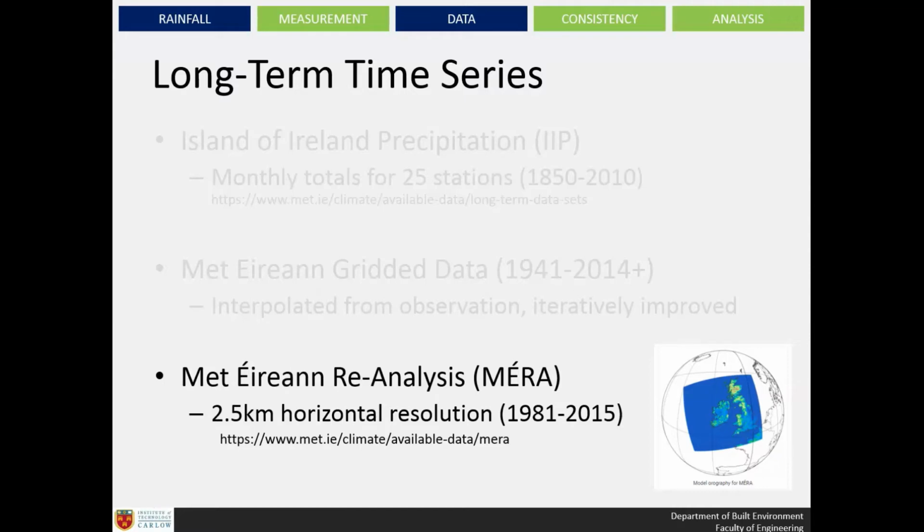They can all be obtained on a 2.5-kilometer grid resolution for Ireland. A lot of these long-term time series are more relevant if you're looking at climatic studies, such as long-term water balances or changes in precipitation behavior.